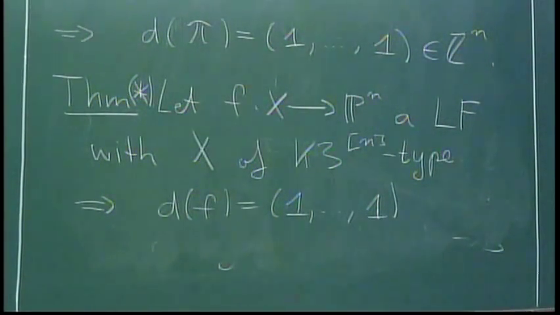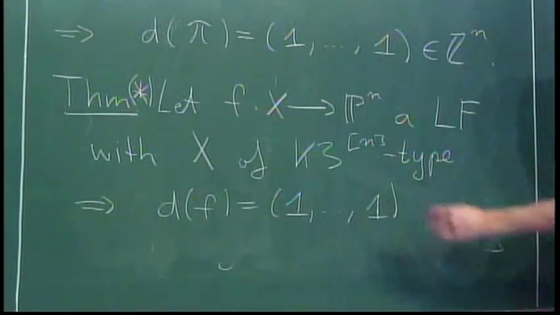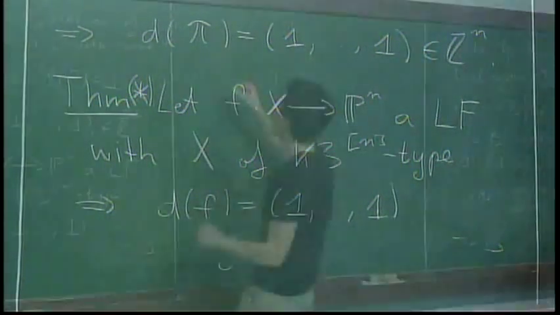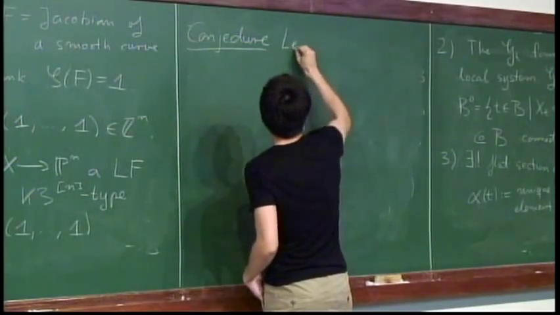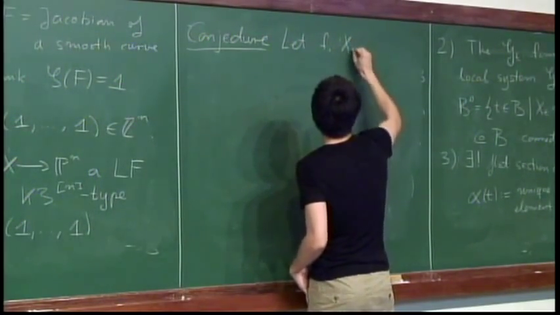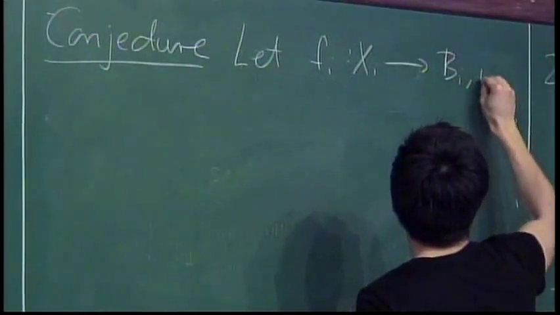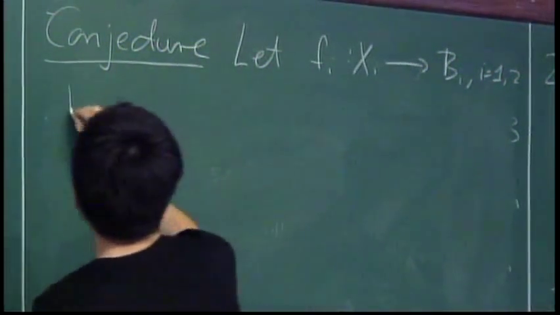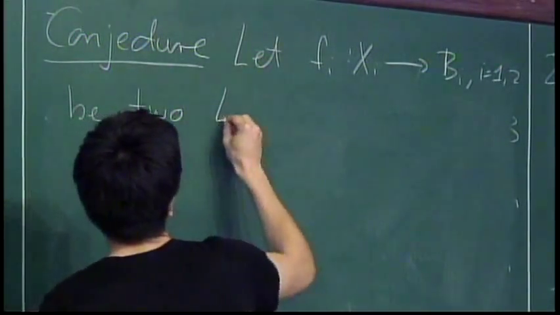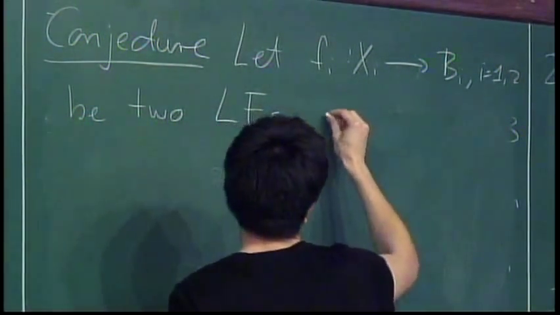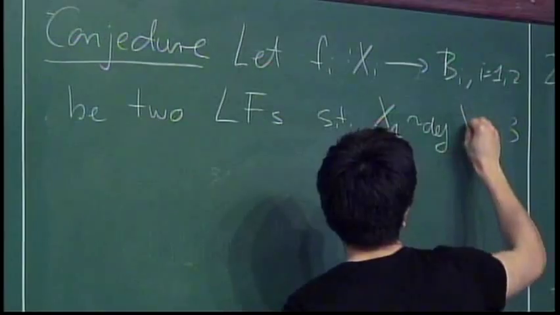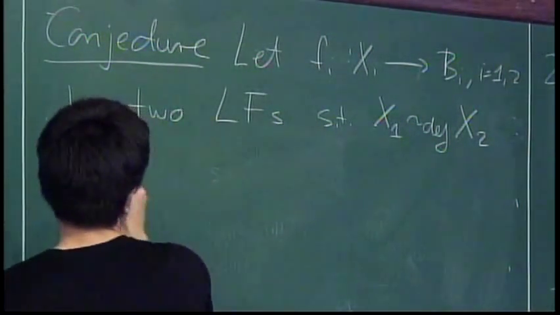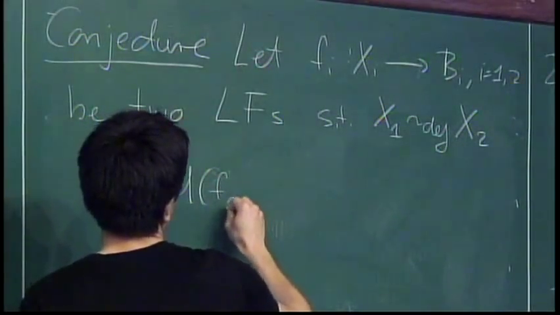And my general conjecture is the following: if we have two Lagrangian fibrations, F_i from X_i to B_i, i equals 1 or 2, such that the total spaces X_1 and X_2 are deformation equivalent, then the polarization types should coincide.